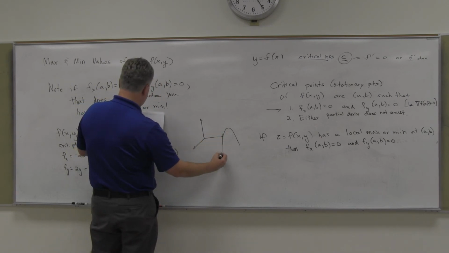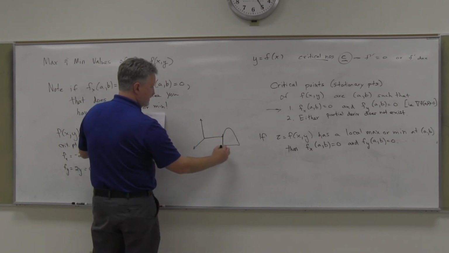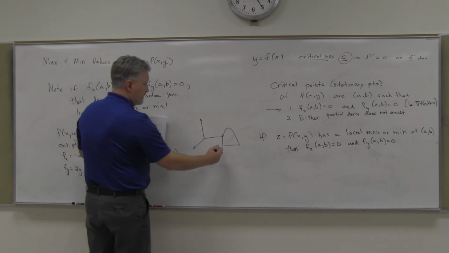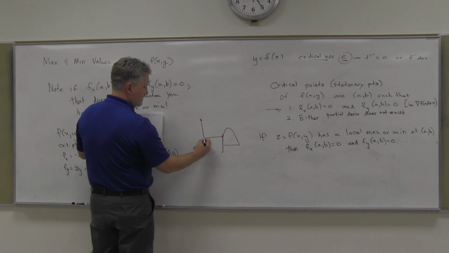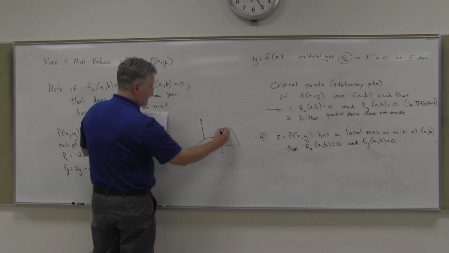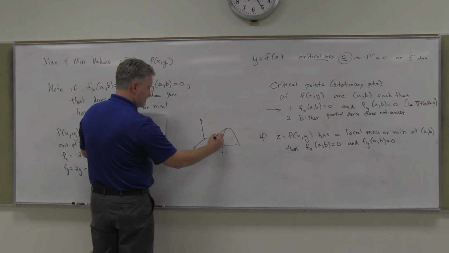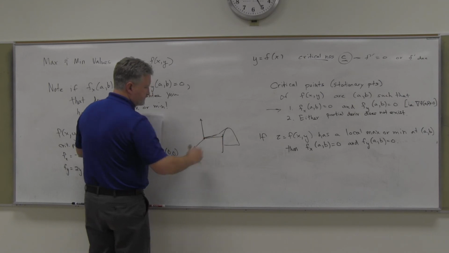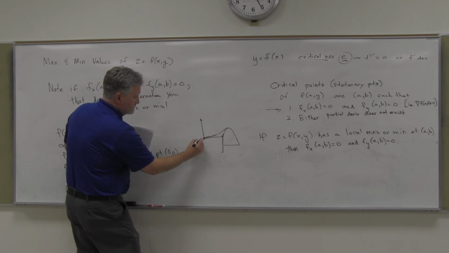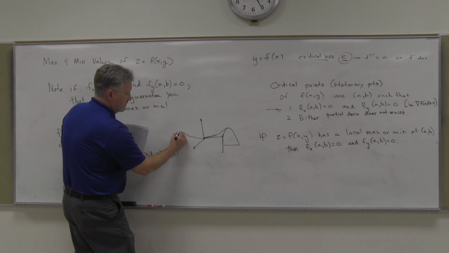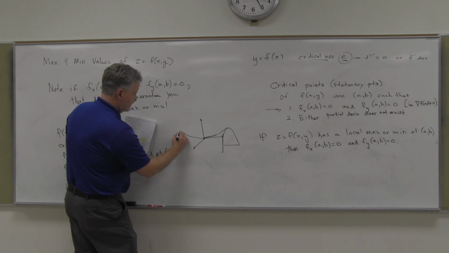What happens here is you get this cross section, which is a parabola, and the same thing here at (0, 0). But it kind of swoops down at the (0, 0) point, which is (0, 0, 0), and then it comes down and goes out the same sort of way. And on this side, you also get a cross-sectional parabola.